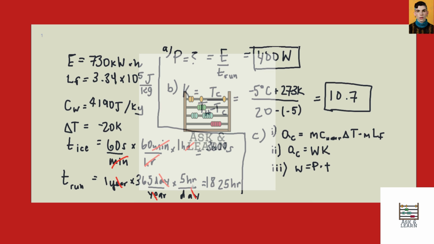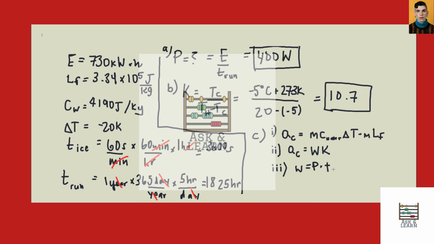A quick tangent to get the time running: it was assumed that it was run for 365 days per year and 5 hours per day. So that's how I got T run. And that was all, of course, for part A.